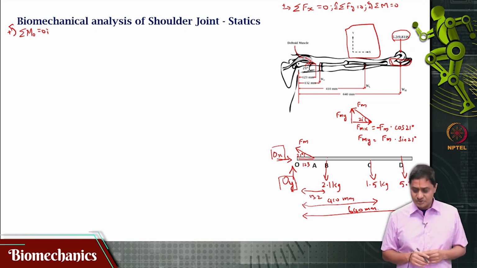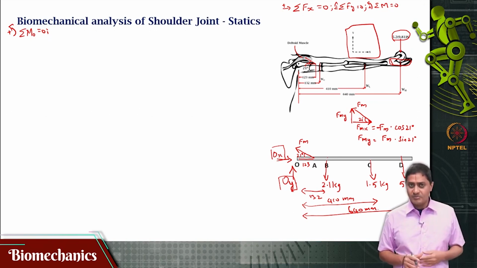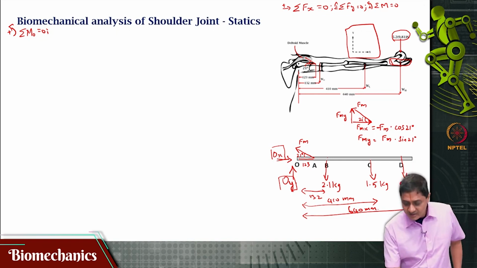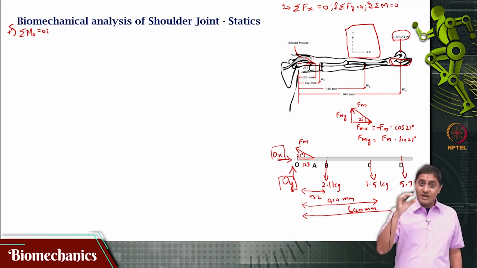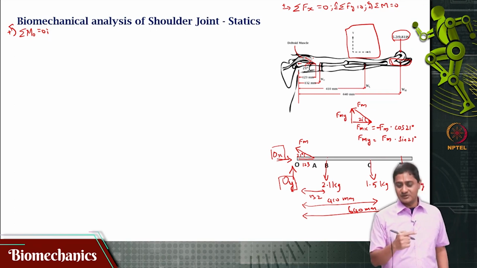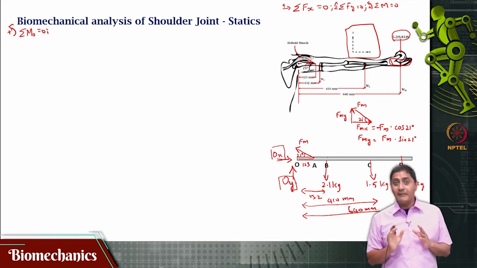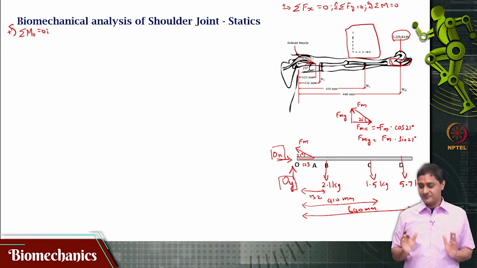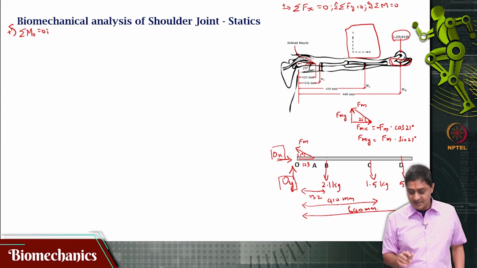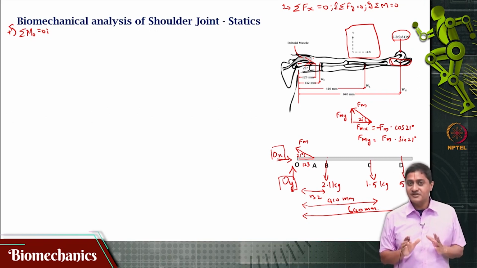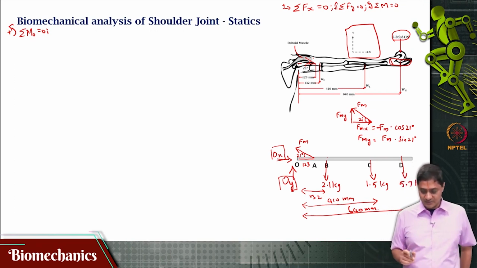In this case, it is shown to be acting along O, but that need not be the case. Maybe the joint is here and the muscle is attaching at some distance from the joint along the y axis. In that case, the moment arm will exist for the x component of the force. So, it makes sense to completely write out this equation, not just the y component. Let us not assume that, because this is the first problem that we are solving. For completeness, it makes sense to write out the entire equation.